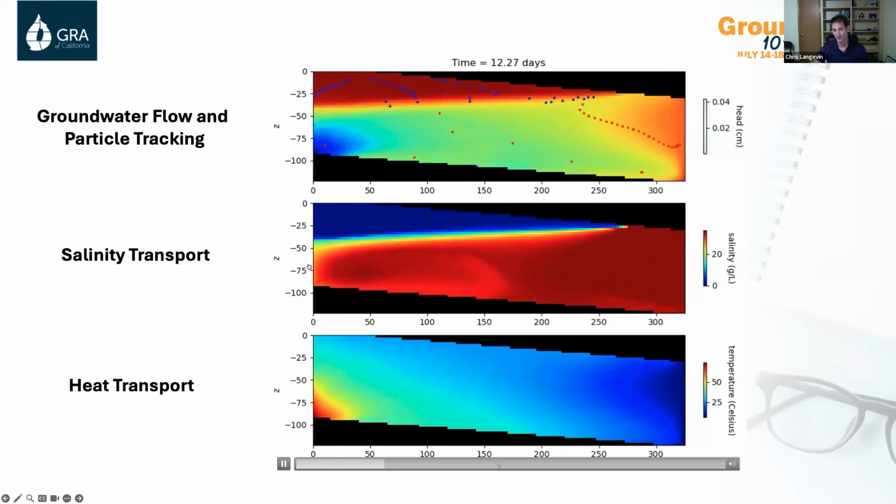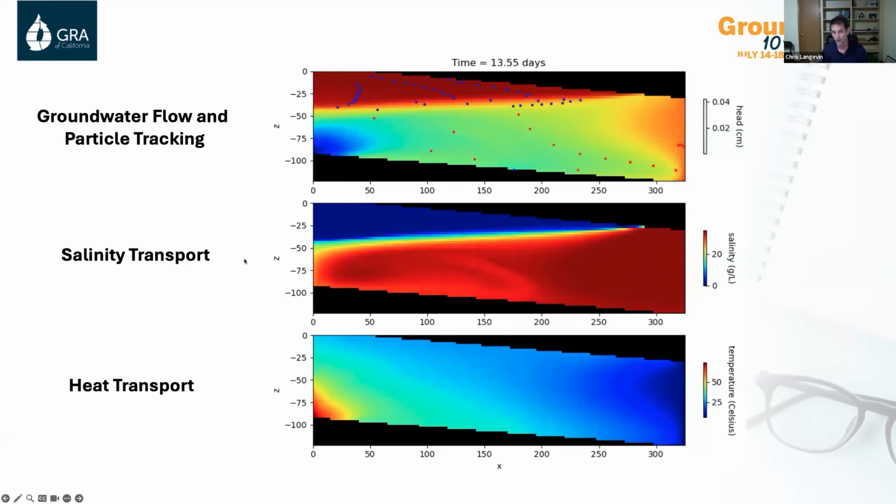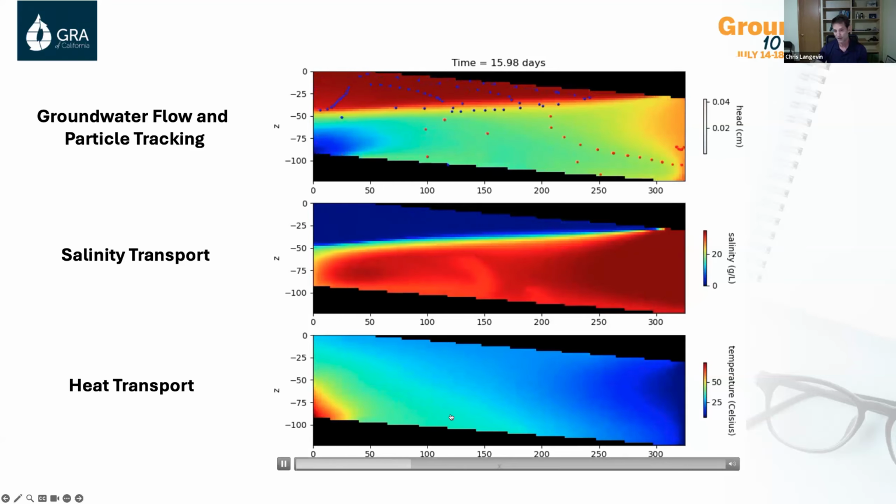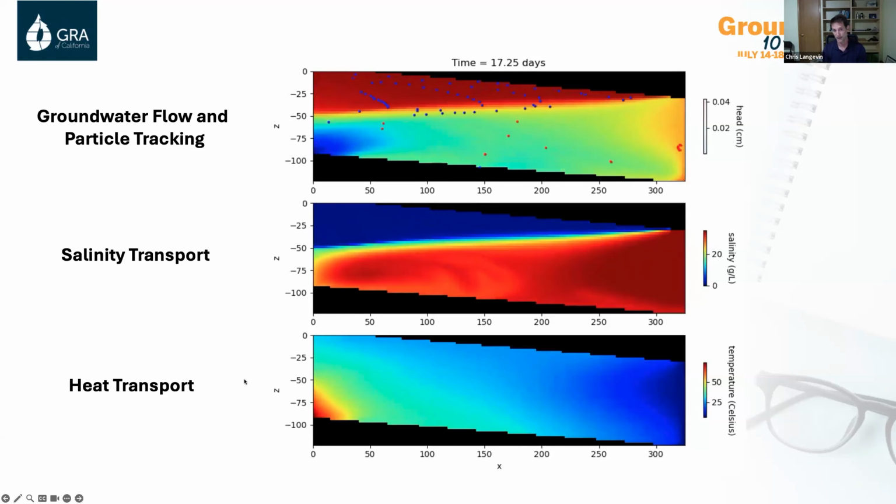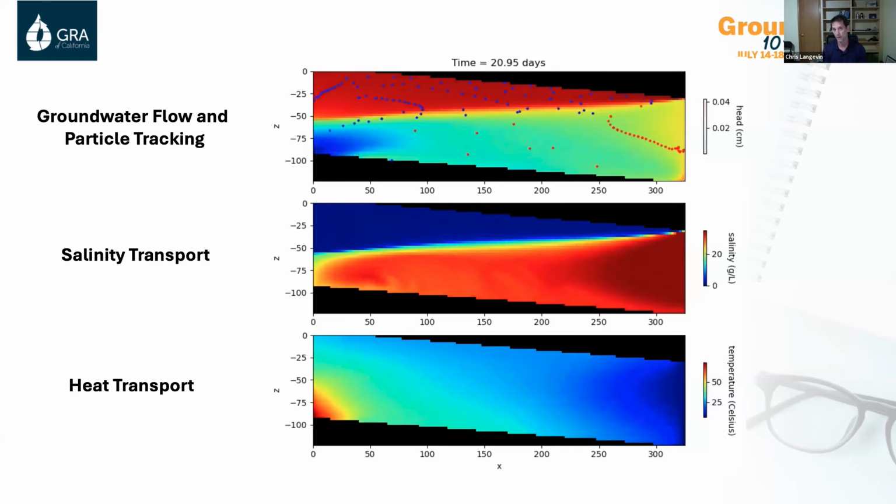You can see some waves of these geothermally driven convective currents, as well as the heat transport. You can see the heater on the bottom left was adjusted to be hotter than the ones to the right. And so we're essentially representing this physical experiment that was done in a laboratory with MODFLOW 6.